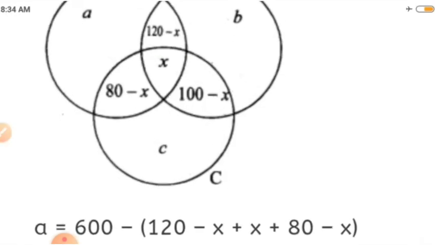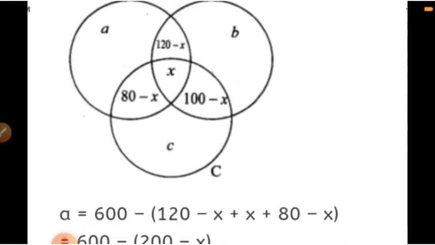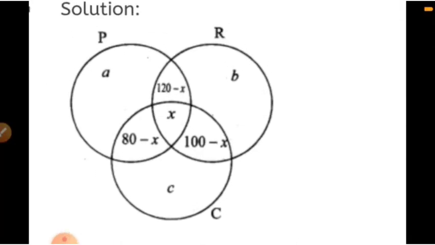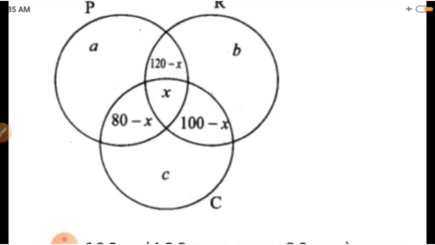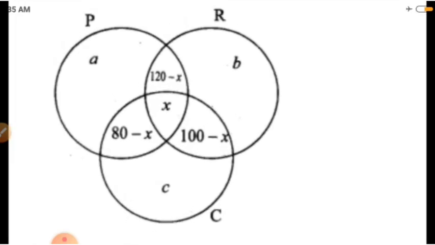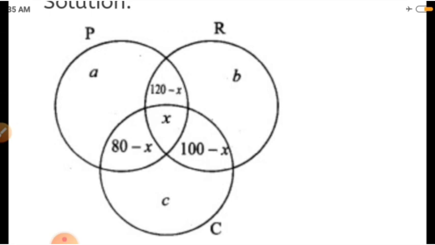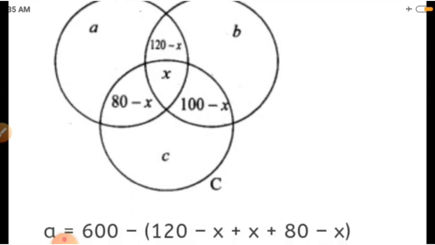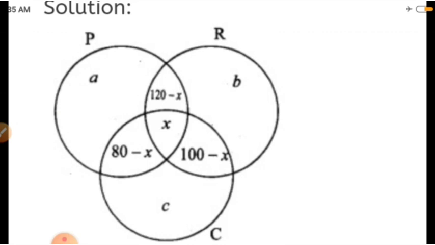120 minus x, paddy and ragi. Ragi and corn only 100 minus x. Paddy and corn only 80 minus x. Okay.